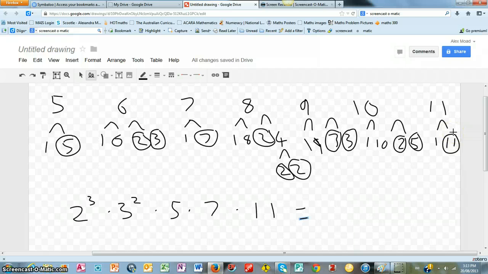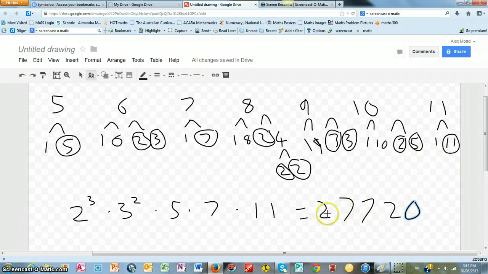Just do it on my calculator. 2 times 2 times 2 times 3 times 3 times 5 times 7 times 11, and I get 27,720. And one way just to check that is to then put this number into your calculator and click divide by 5 and make sure that it goes in evenly without getting a decimal point number. 6, same with 7, and 8, 9, 10, and 11.